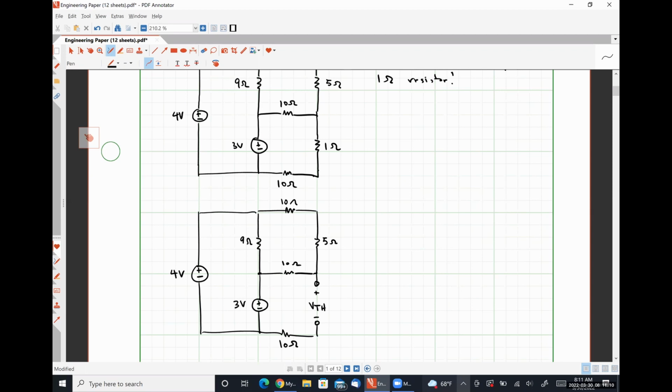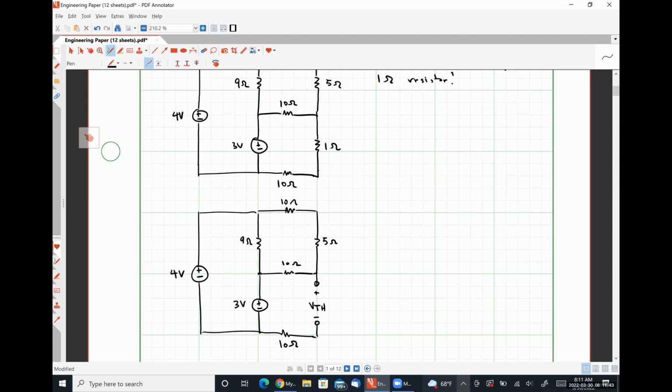So how can we go about finding this open circuit voltage? The short answer is any way we see fit, okay? So how would you guys like to analyze this circuit to determine the quantity VTH? Michael, you have a suggestion? Mesh, okay? Seems reasonable.